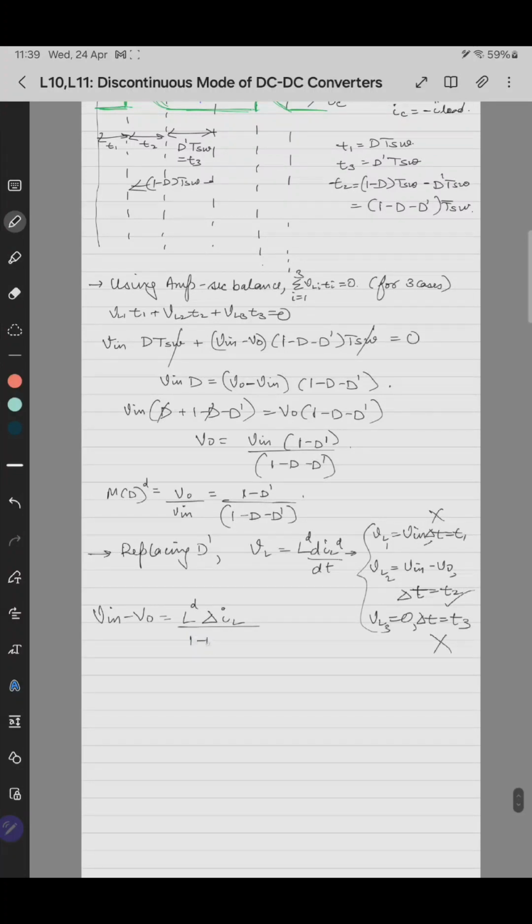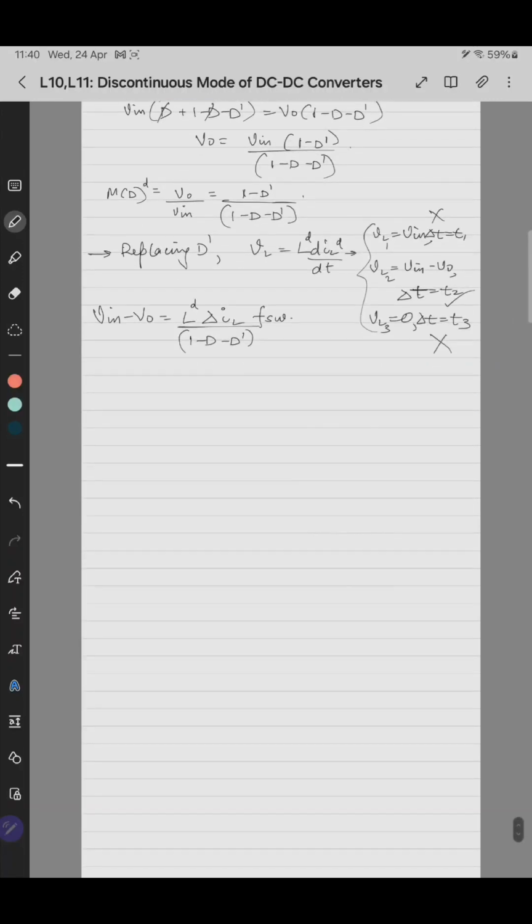T2 is 1 minus D minus D dash of T switching, or we'll write F switching. Now if we solve it, 1 minus D dash will be LD into delta IL of D into F switching by V in minus V naught.